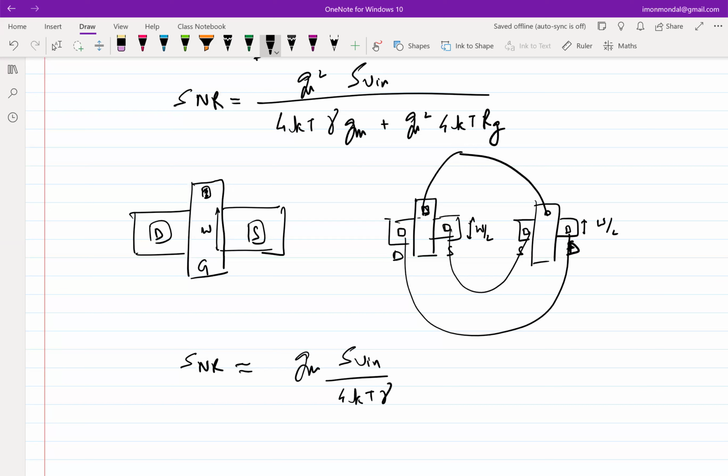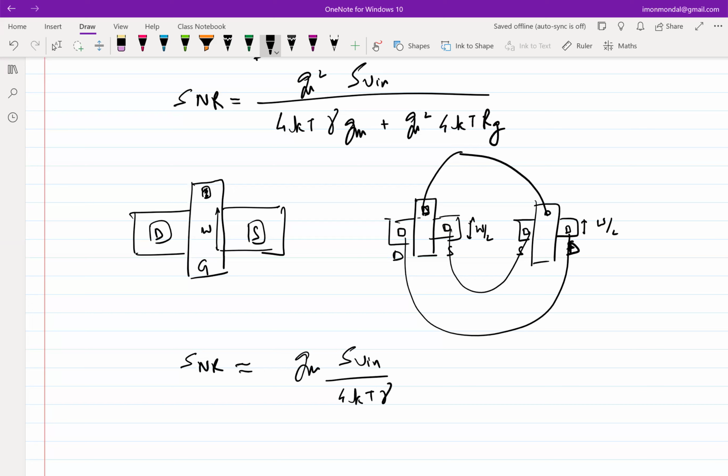Why? Because the spectral density of the noise is proportional to GM, but the spectral density of the signal is proportional to the square of the GM. I'm interested in the power of the signal, which means you are squaring with respect to GM. But thankfully, noise power is proportional to GM.